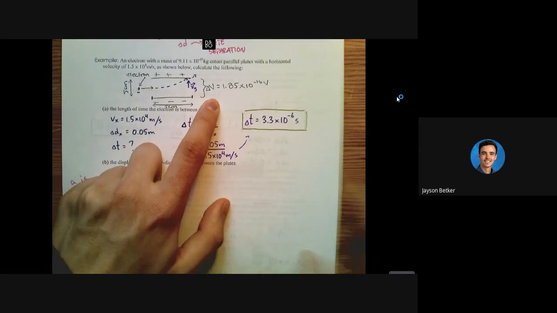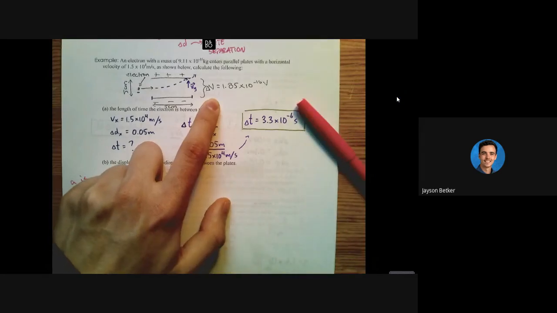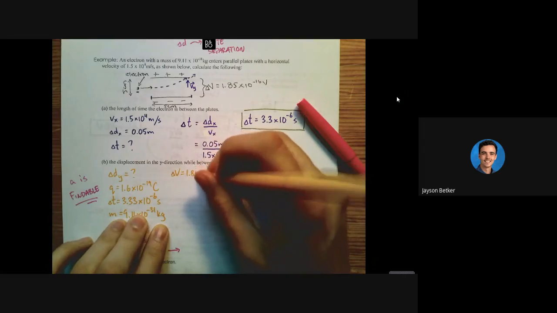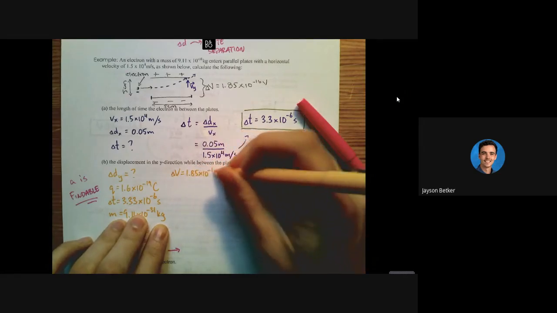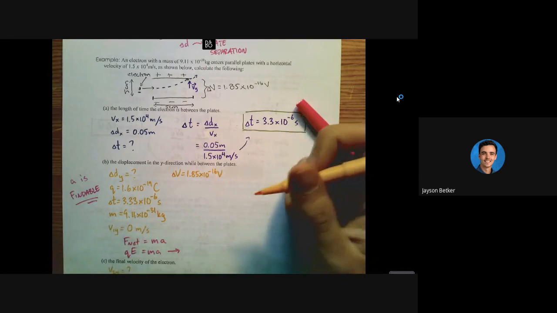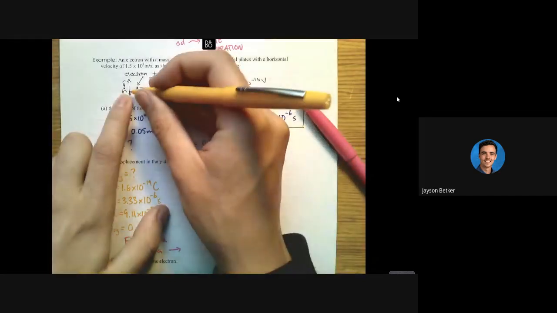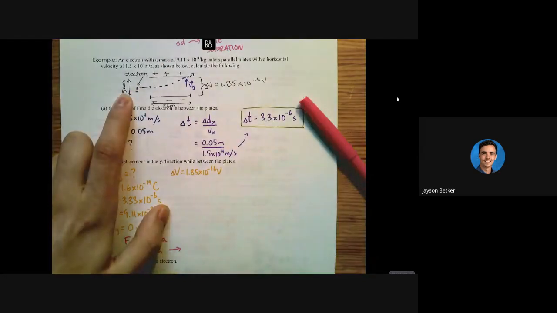It's hard to know how to just know all these steps without actually doing questions like this before. So this is one thing that I forgot to write down. We've also been given the potential difference. Can't forget that. 1.85 times 10 to the negative 16 volts, and we've been given the plate separation, the total delta D, which in this case is again 0.05.